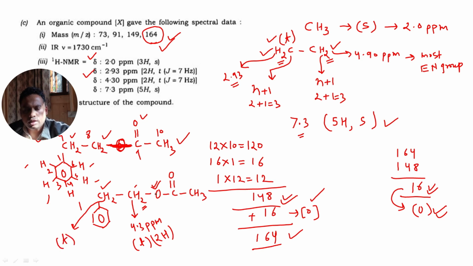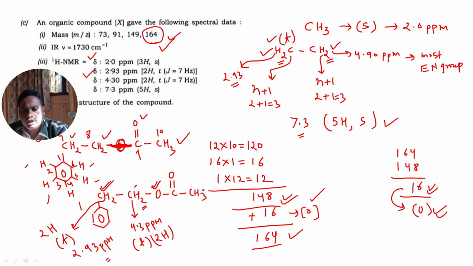And if you apply the inductive effect, the minus inductive effect would be very, very less onto this particular CH2. So it will go downfield, but it will not go that far compared to this CH2. It will again resonate downfield, a two proton triplet again, but this will resonate somewhere around 2.90, or more correctly 2.93 ppm.